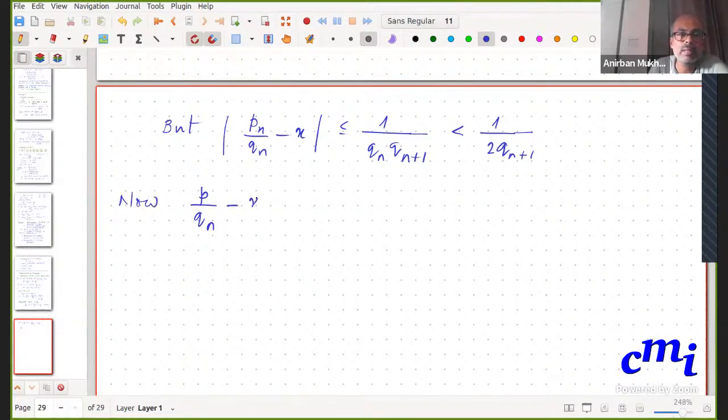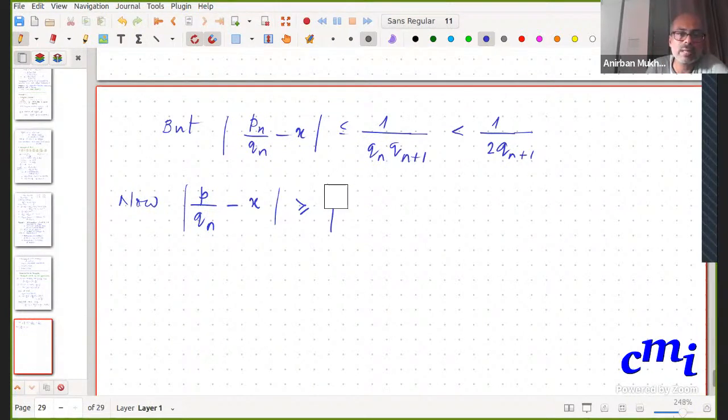Now let's look at P by Qn minus x. P by Qn is our P by Q because Q is Qn. We want to show that Pn by Qn gives a better approximation. So we start with this and try to bound it below by Pn by Qn minus x.